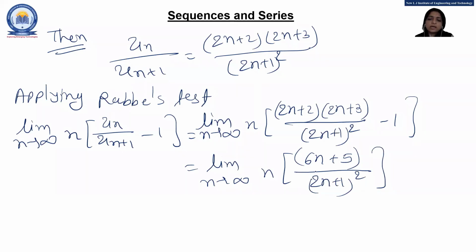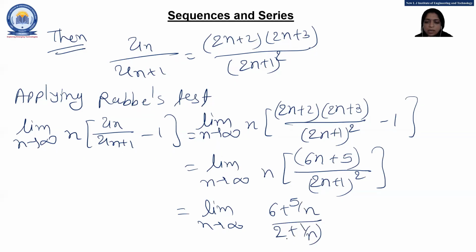Okay, so if I take n common from the numerator and denominator, then n square will be cancelled and the remaining term is limit n tends to infinity (6 plus 5 by n) upon (2 plus 1 by n) whole square. So after applying limit n tends to infinity, this 5 by n and 1 by n tend to 0. So my answer is 6 by 2 square. 2 square is 4, so that is 3 by 2, which is greater than 1.